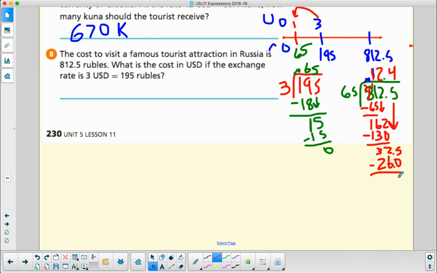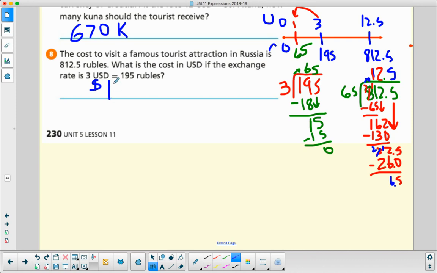Gives me 5. I'm going to change colors for my subtraction because I have to ungroup. Gives me 65 more tenths. Wait, I can put 1 more in each one. I need to erase that and make it 1 greater. I'm not surprised. So it has to become a 5. So it becomes just $12.50.